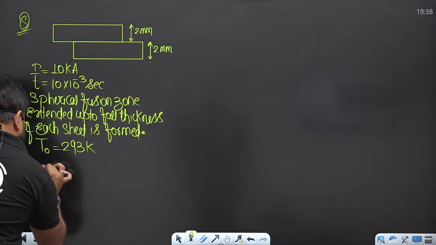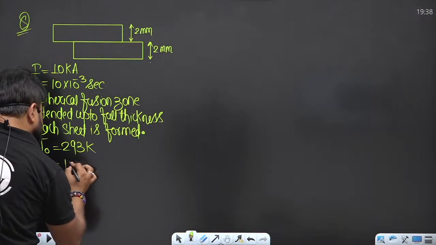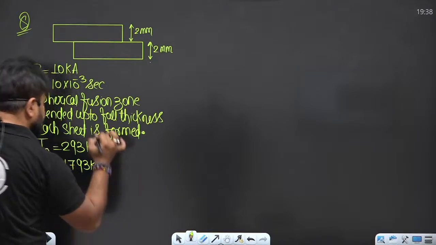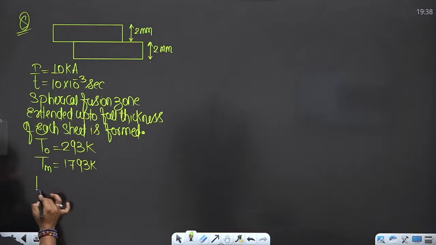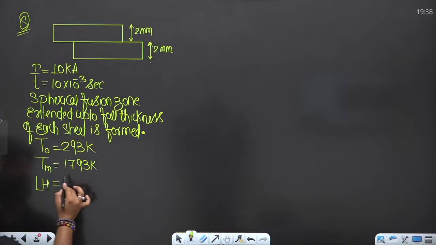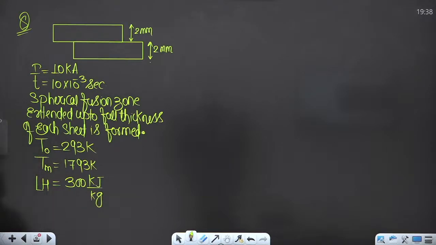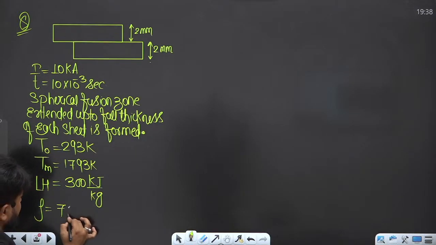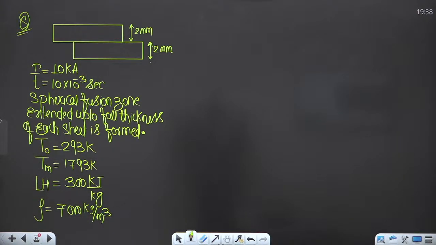Melting temperature is given, and latent heat of fusion is 100 kilojoule per kg, let's say. Are you getting the question? Density is also given, 7,000 kg per meter cube.